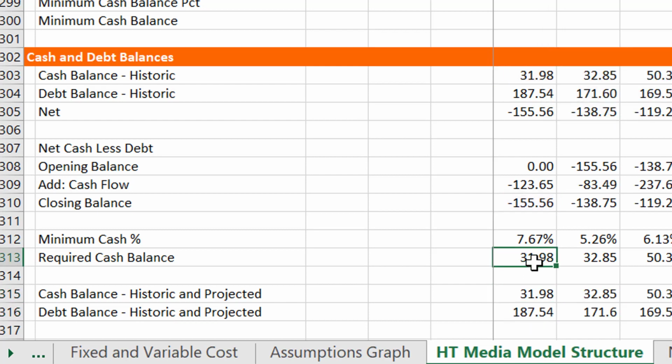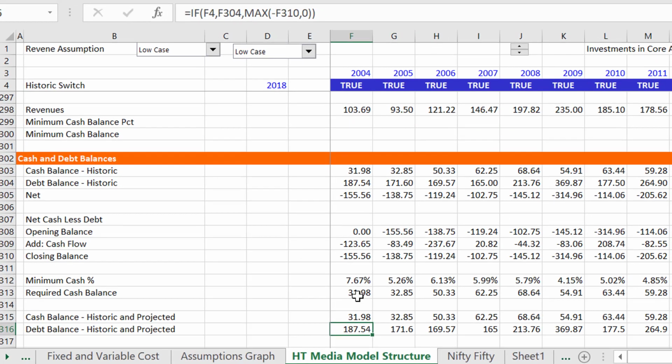Okay. And then I think I didn't copy it to the right. And then we have our cash balance, but we're not at all finished. If we used some of the money for cash, that means we'll have to get more debt.